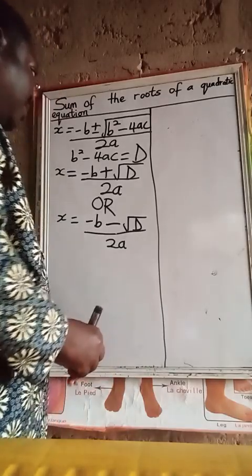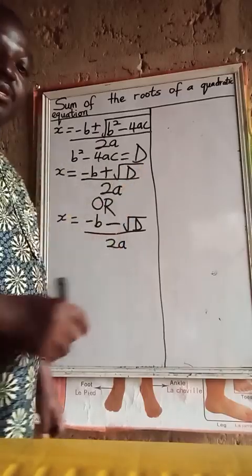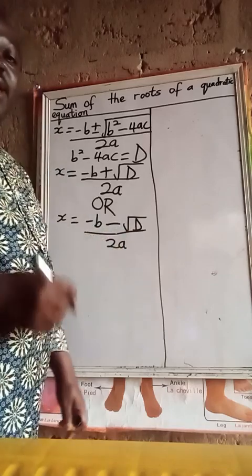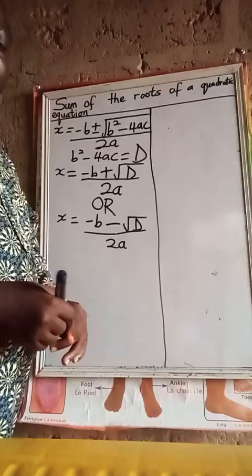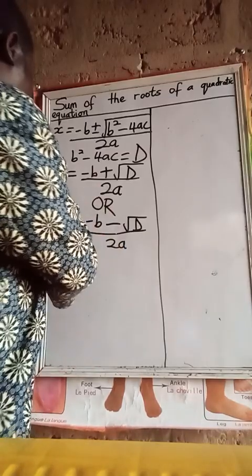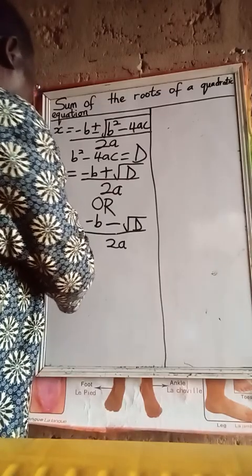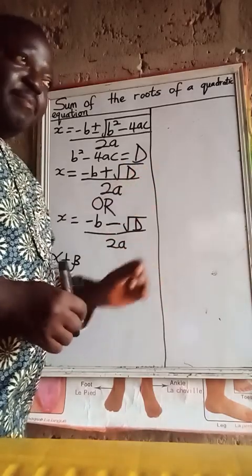Now let us continue. We want to add these two roots together. Assuming these roots are alpha and beta, the sum of the roots will become alpha plus beta. So I want this to be alpha, while the other root is beta.